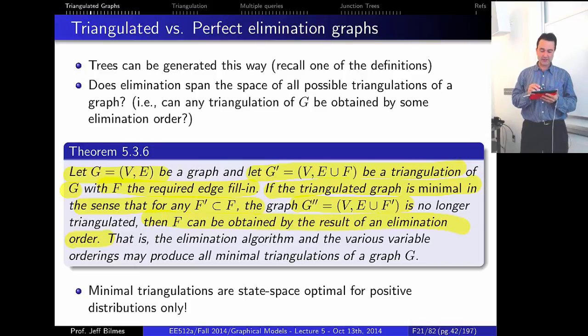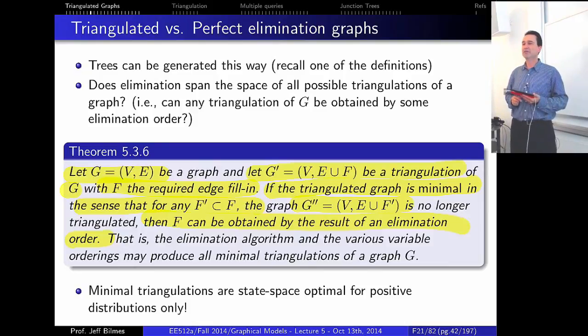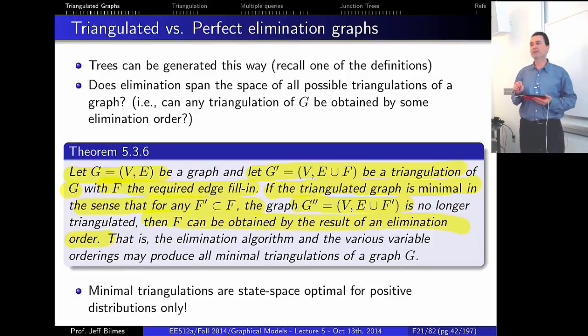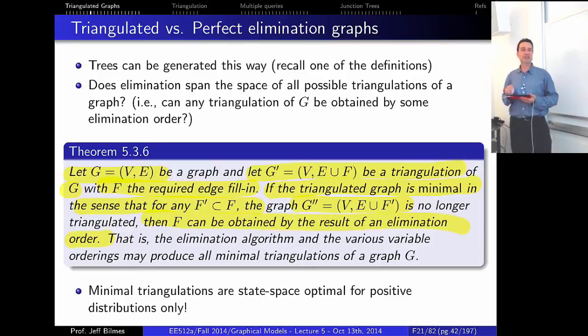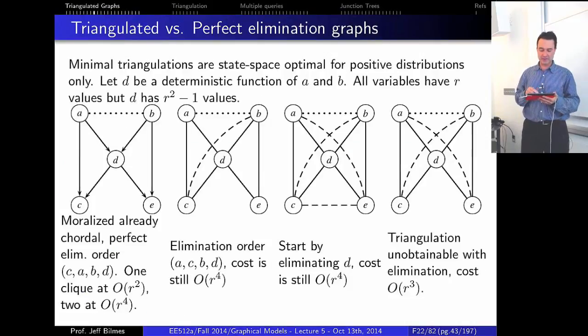And there's a computational consequence of this. You might think this is great, this is all we need to do. So that's the good news. The bad news is that if you're dealing with non-positive distributions, then minimal triangulations are not state space optimal. Again, this is if you're doing exact inference. And here's an example.